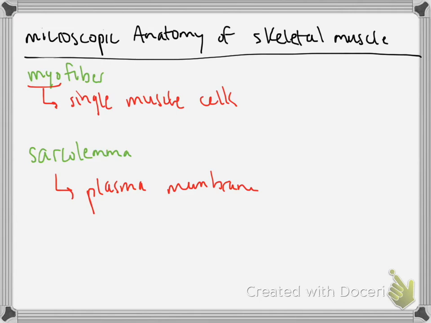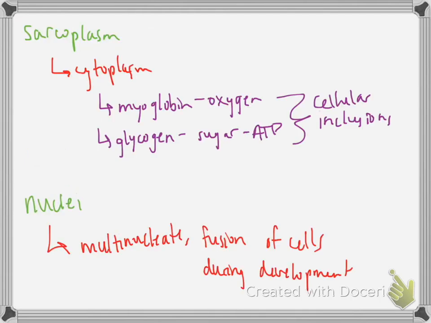So these are all new words. Myofiber, it's a single muscle cell. It's modified plasma membranes called sarcolemma. The sarcoplasm, the cytoplasm of the muscle cell, it has these cytoplasmic inclusions, myoglobin, which is this pigment that holds oxygen. Muscle is storing its own oxygen for muscle contraction. We'll talk about that later, and we'll see why glucose is important.